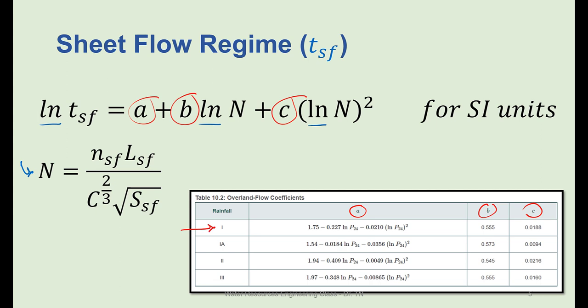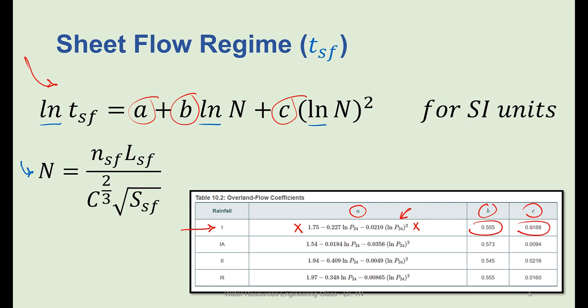For example, for type 1, A can be calculated using this equation that takes into account P24. B is a constant and C is a constant over here. So if you put all of those into this equation, it eventually gives you natural logarithm of T sub SF, and then you can calculate T sub SF from the equation.